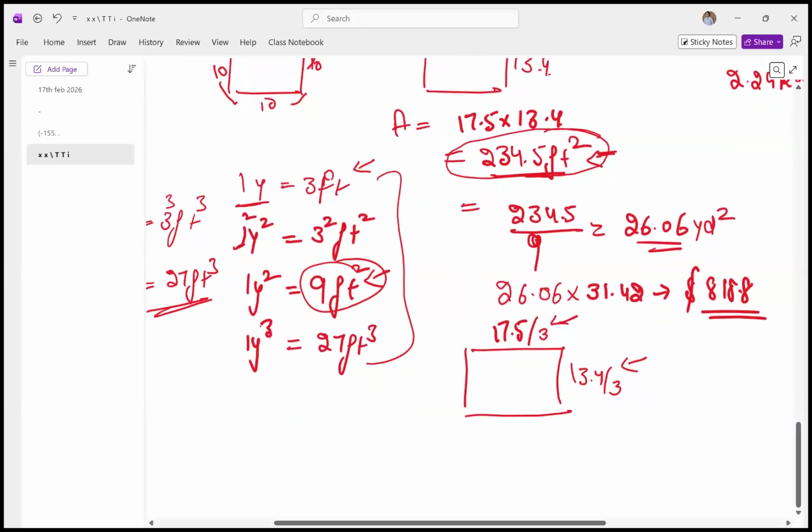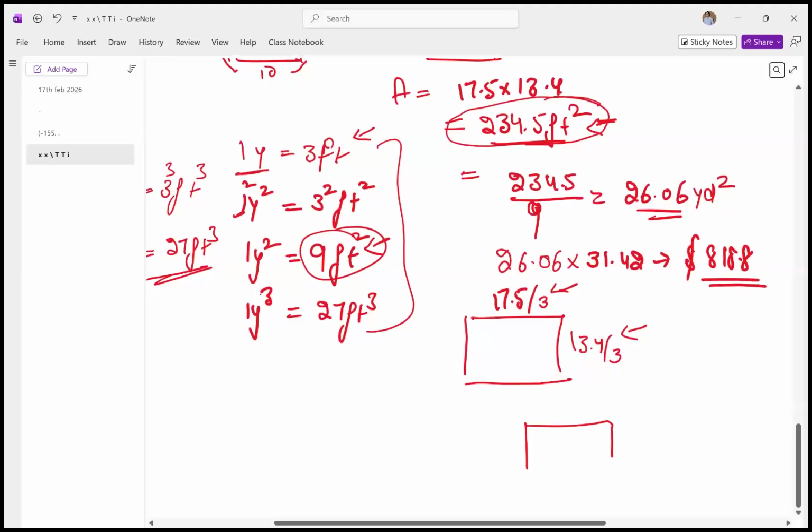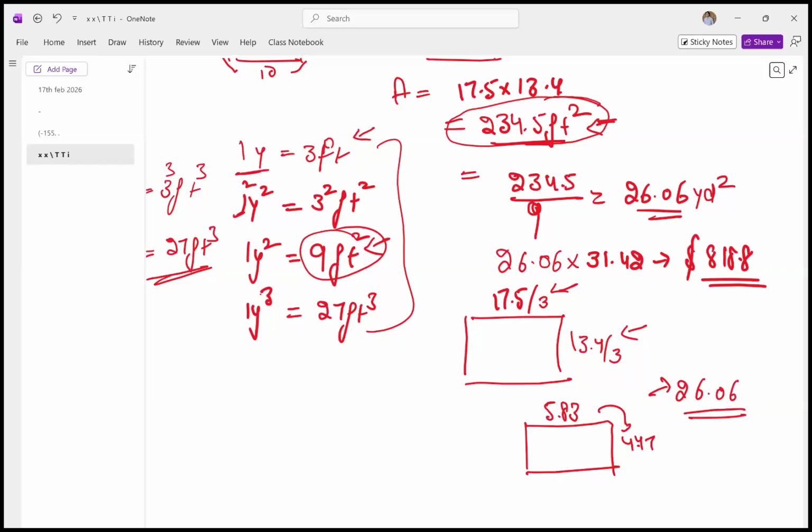So I will get the numbers as 5.83 and 4.47. And once you multiply these two, that's also going to give you 26.06 approximately, this many square yards. This is yard times yard, which means square yard. So please make sure you don't confuse yourself in these kinds of questions.